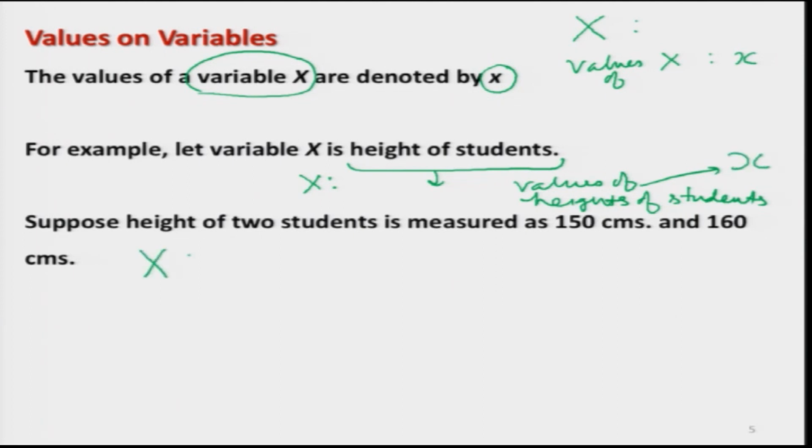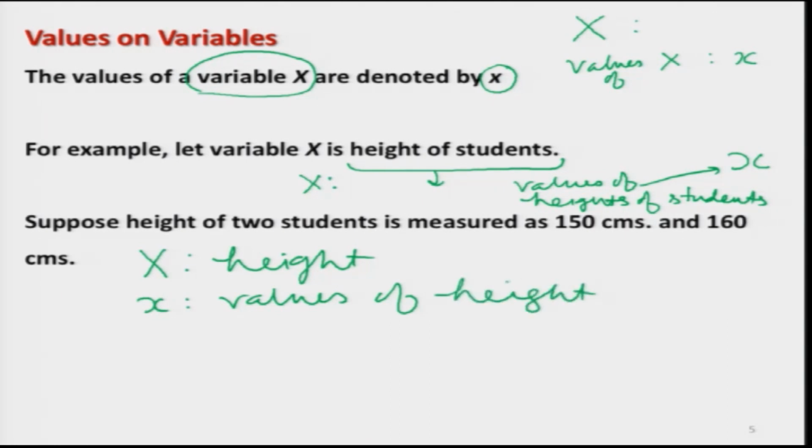So, I can now say here X is going to denote my height, small x is going to denote my values of height, and now I start collecting the data.